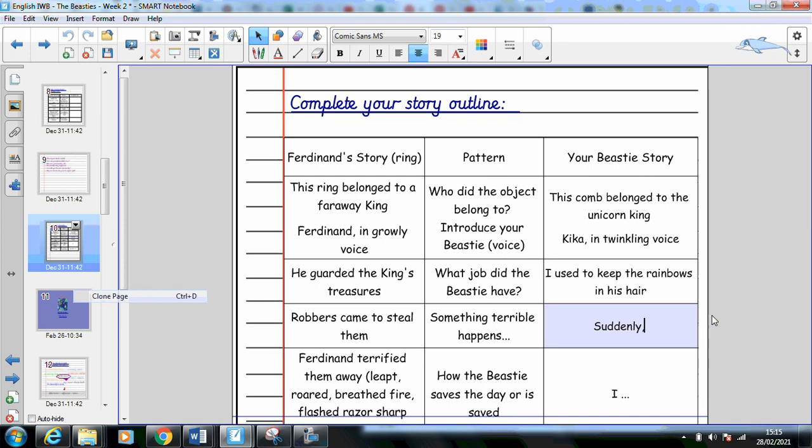So something terrible happens. Suddenly, what could happen to Kika? If the sun stopped shining, there would be no rainbows. The clouds covered the sun. And what did Kika do?